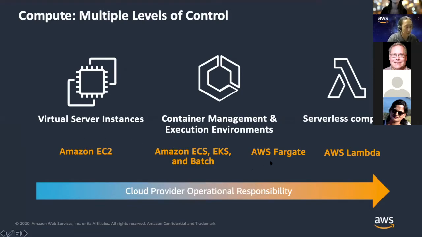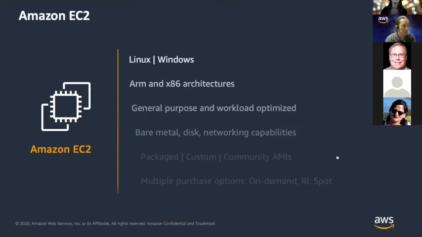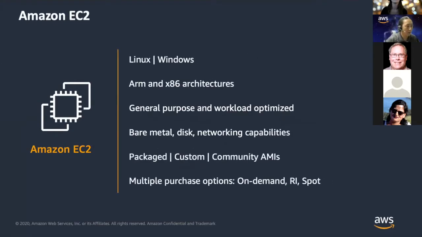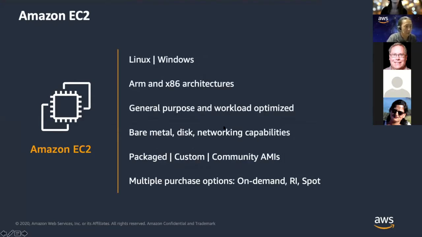We also have services that offer containers and serverless computing as well. EC2 can run Linux and Windows. It can run ARM and x86. It's got lots of different options. You can do everything from general purpose to specially optimized for high throughput or GPUs.